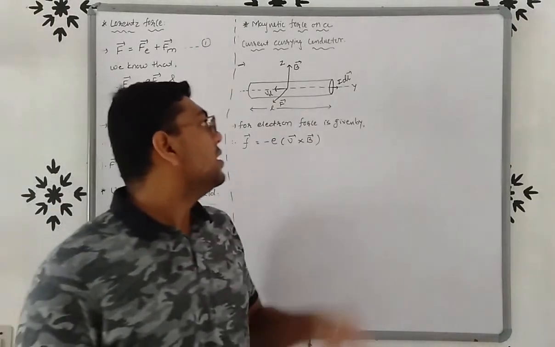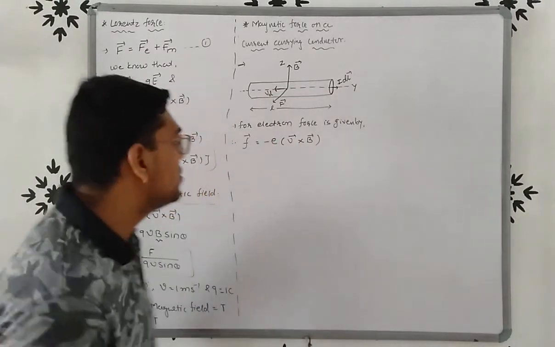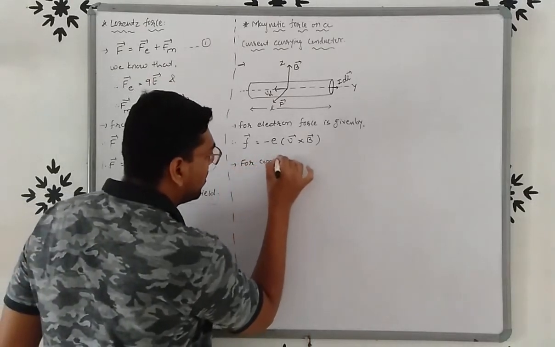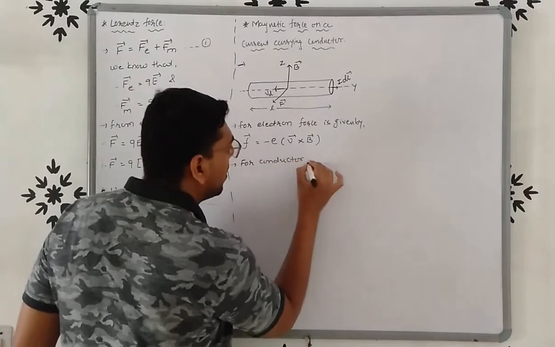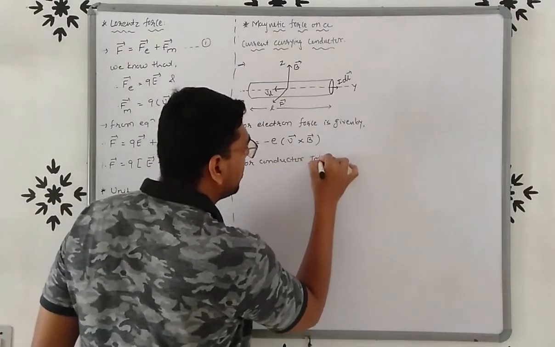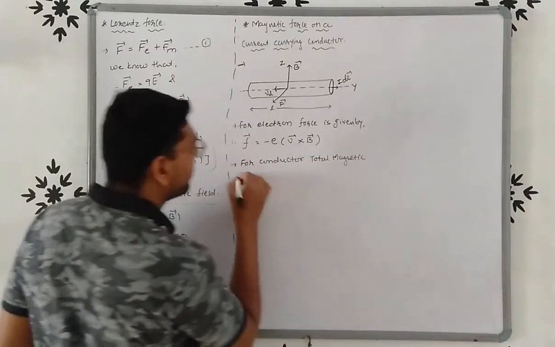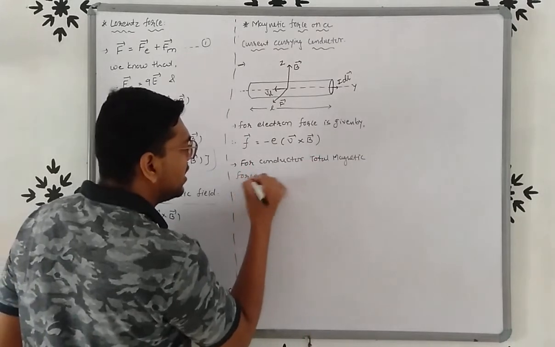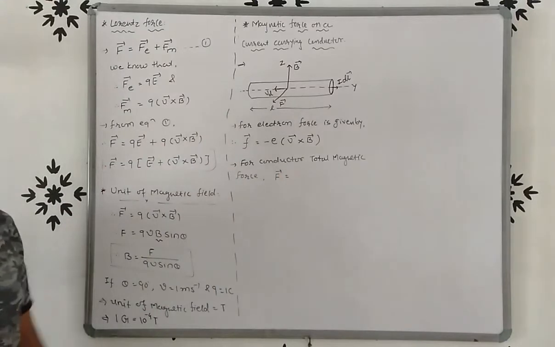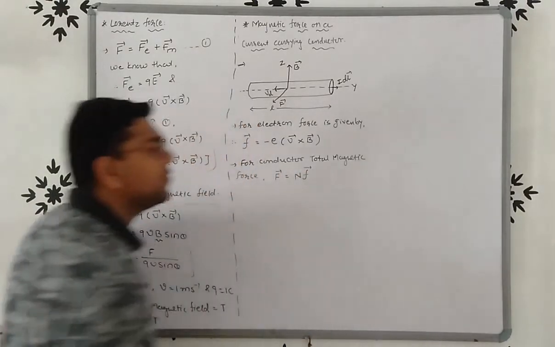Now the conductor has many more electrons, right? So for conductor the magnetic force, or we can say total magnetic force, vector F is equal to, here there are N number of electrons, so N into small f, right?